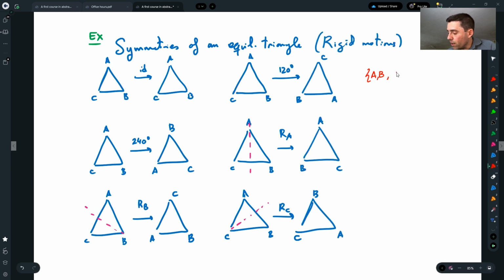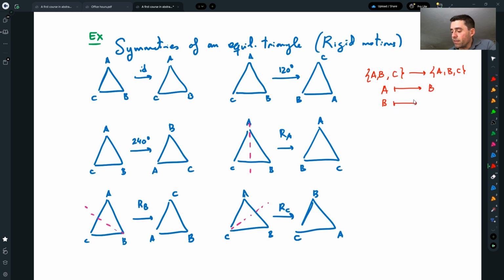I'm going to identify what is happening by where the vertices go: for example, in the 120-degree rotation, A ended up at the B position, B ended up at the C position, and C ended up at the A position. So that is what we called a 120-degree rotation, just sending A to B, B to C, and C to A.